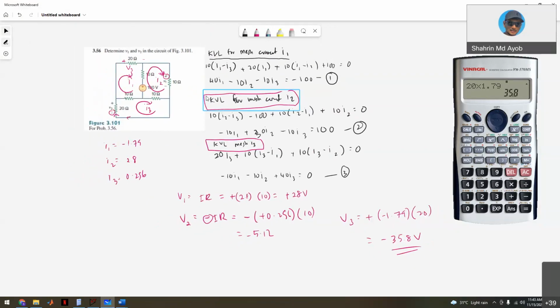Yes, for voltage 2, why is it negative 5.12? It should be this one, 20. Oh, okay, 20. Sorry, 20, not 10.